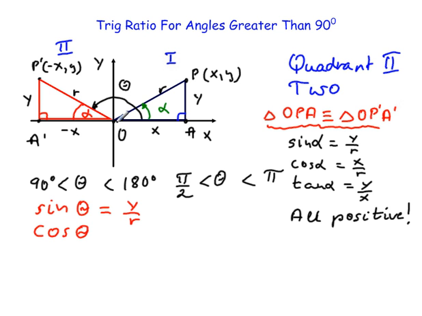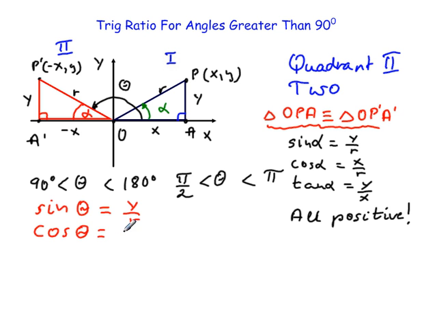So once again, we will use the same angle theta, and this angle theta has a related angle alpha. So cosine for the first quadrant is defined as adjacent over hypotenuse, so x over r. So by the same analogy, the ratio for angle alpha in red will be defined as negative x, because we're using Cartesian plane, so negative x divided by positive r.